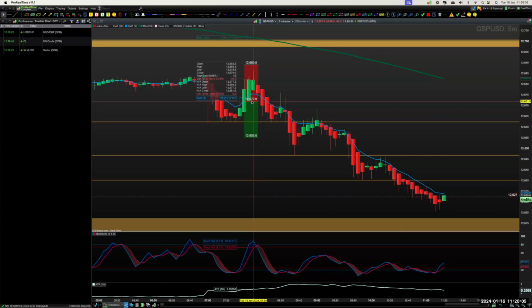You take half off round about here, which should give you about 1/3%, because you're not all the way down to get 0.5%. And then you leave your stop where it is. So you've made some money.